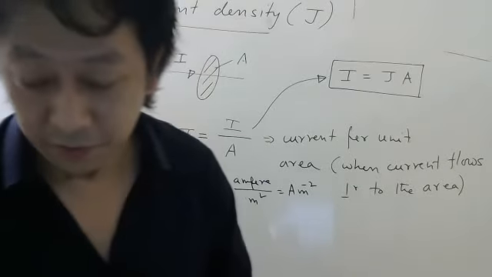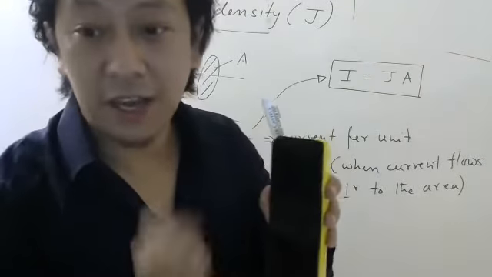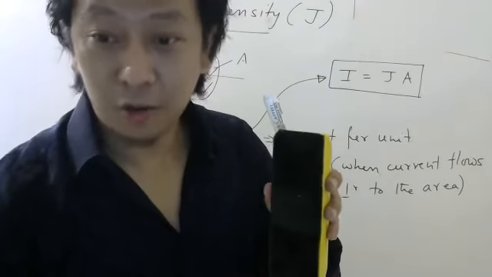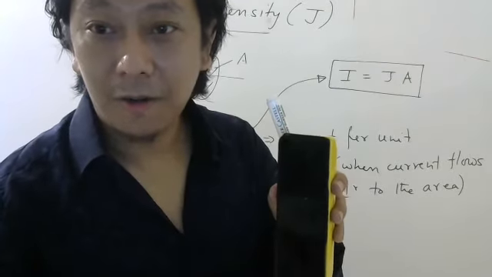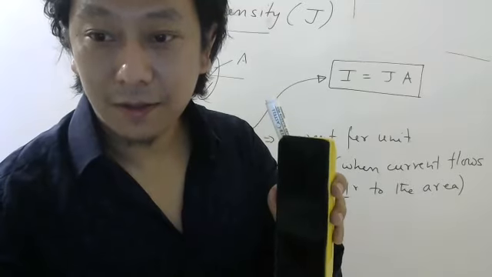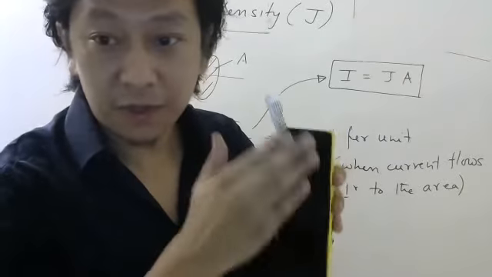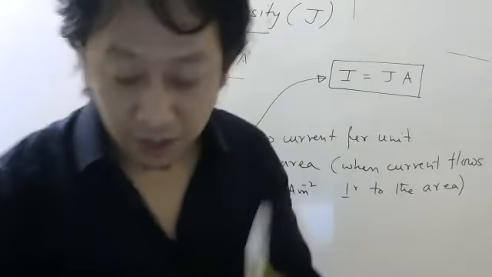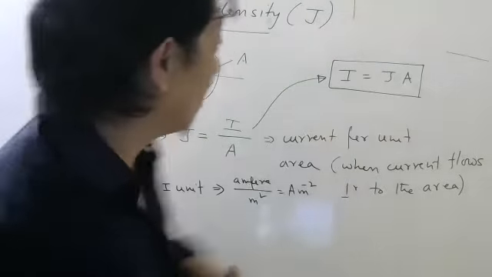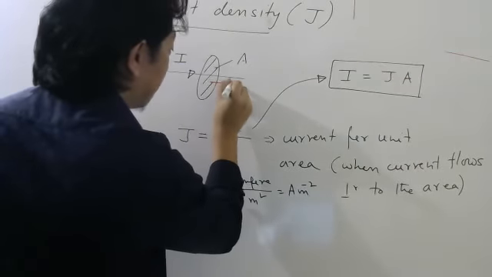If this is the surface, where is the area vector of this surface? Direction. Gauss law you forgot? Yes, it is normal to the surface. So if this is the surface, the area vector is perpendicular to the surface. So this area is already a vector and its direction is here.